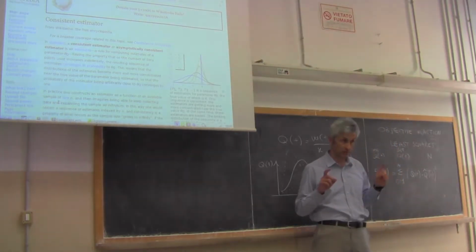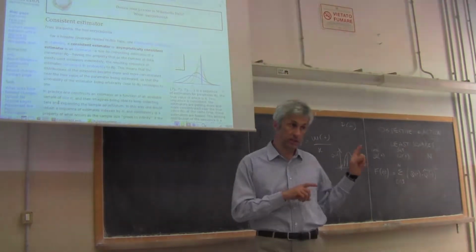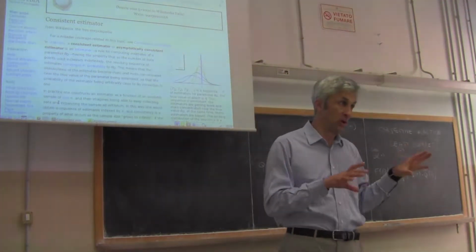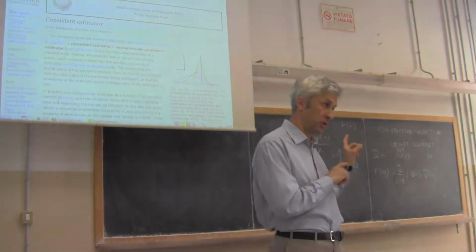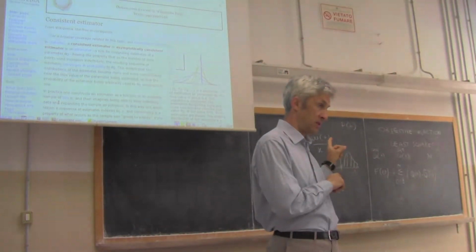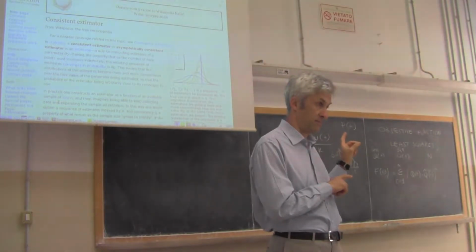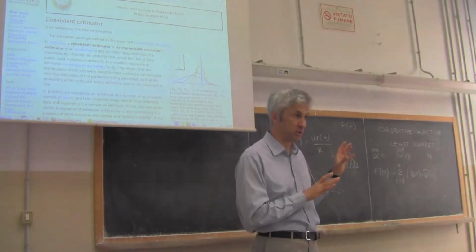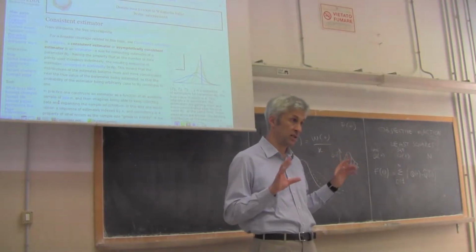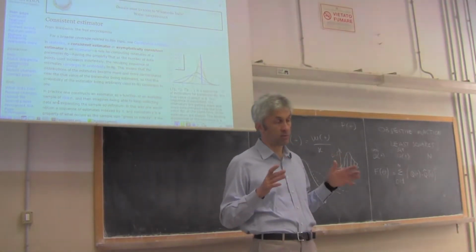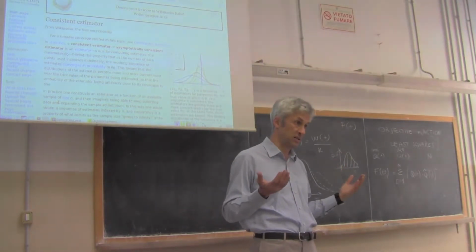And this is why it was also adopted widely. There are assumptions conditioning consistency, but under these assumptions, it can be proved that indeed least square is consistent. And there is a second requirement. We want an estimator to be unbiased.